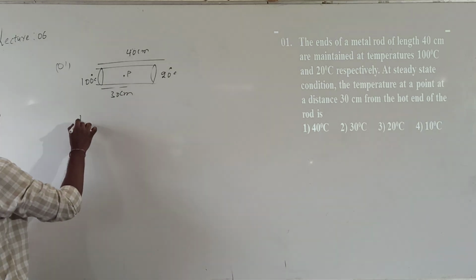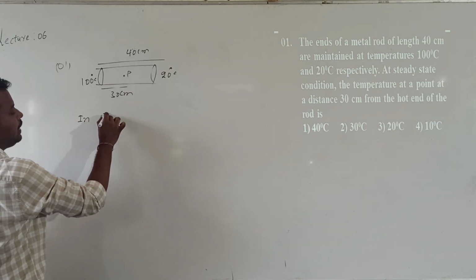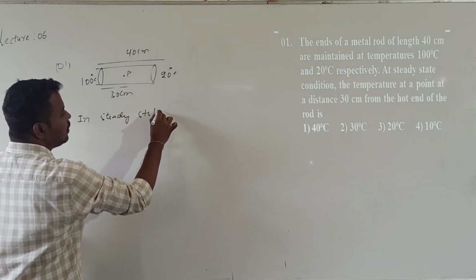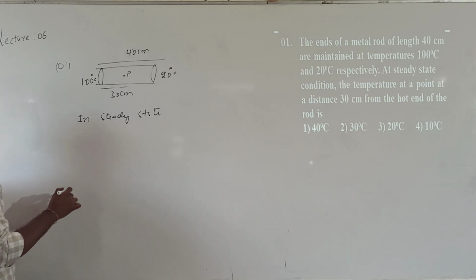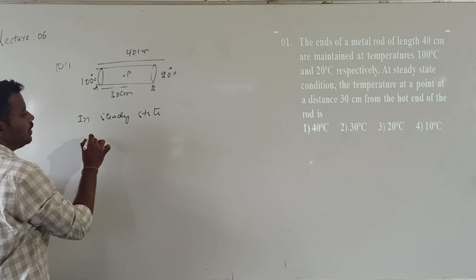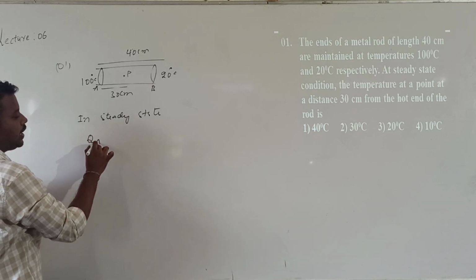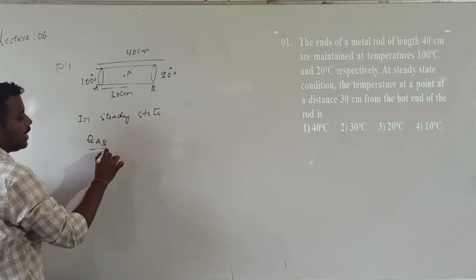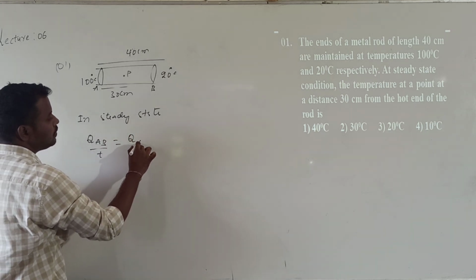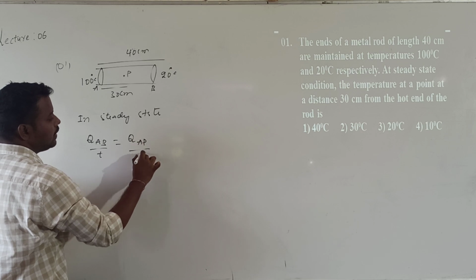In steady state, the rate of heat transfer will be the same. So what can I write? If I call the points A and B, then in steady state the heat flowing across AB in a time t will be the same as the heat flowing across the other section in the same time t.